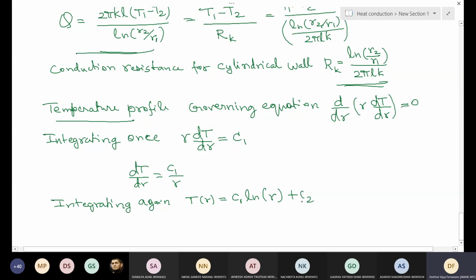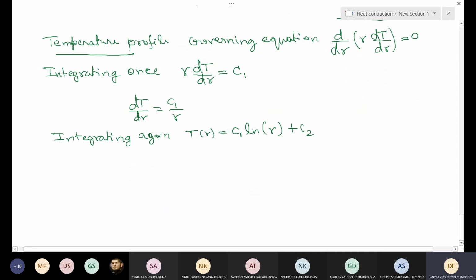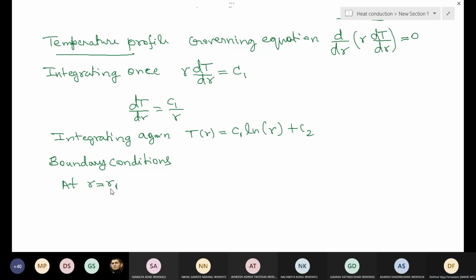T(r) equals C1 ln r plus C2. Apply the boundary conditions, which are now very clearly known to you. At r equal to R1, T equal to T1, so you write C1 ln R1 plus C2.